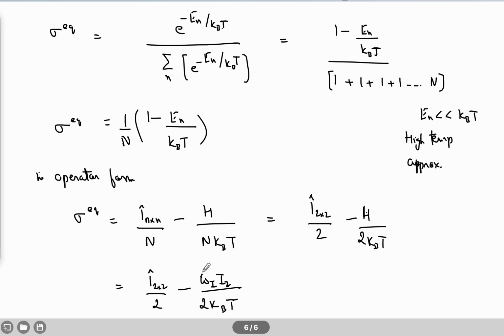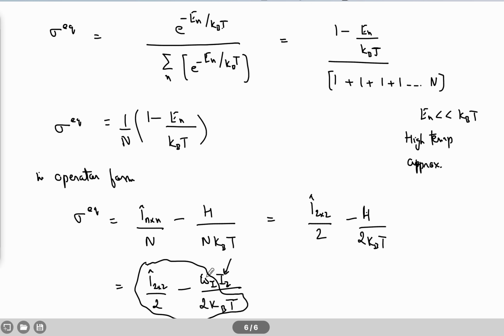This omega is the Larmor precession frequency, containing the chemical shift, the shielding constant term. All of this will not be operated on by any of the operators. Later on we will see that any perturbation will not be affected by these constant terms, so we can only talk about this part.